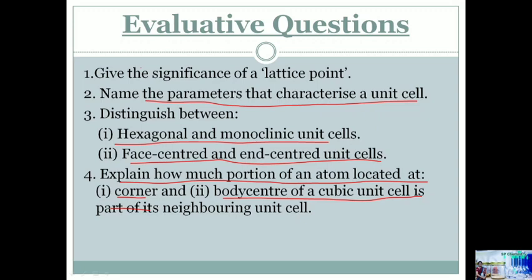Hence, the portion of the atom at the corner that belongs to one unit cell is 1 by 8. And at the body center, an atom is not shared by any other unit cell. Hence, it belongs fully, entirely to that particular unit cell. So its contribution will be 1.